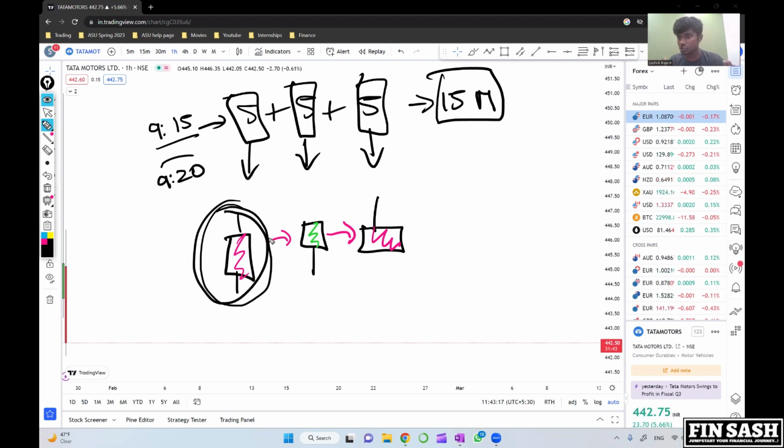Do you think the buyers are strong in the market or the sellers are strong in the market? You ask me, okay, so what's the open, what's the close, what's the high, what's the low? And you get this description. And then you come and tell me, okay, fine, reading this first 5 minute candle, I feel that the sellers are higher.